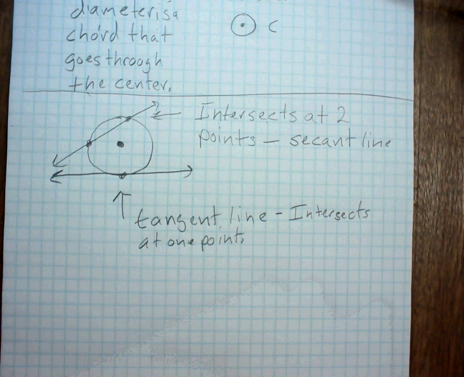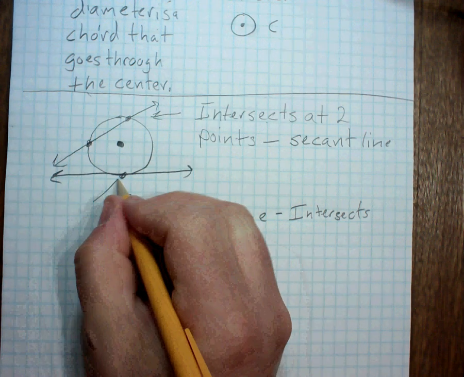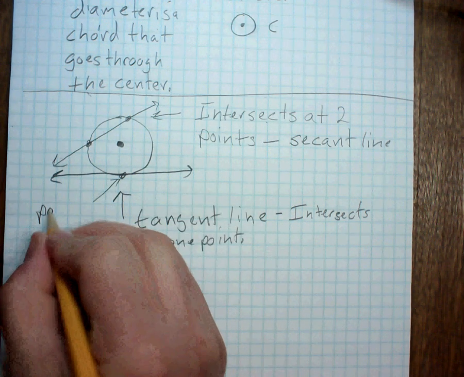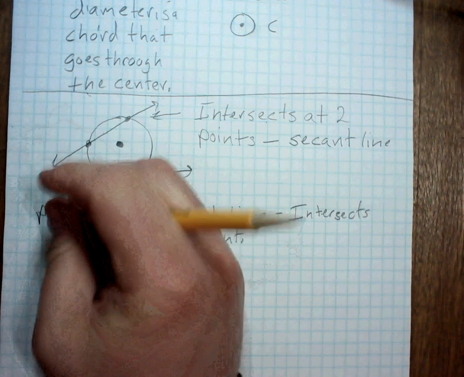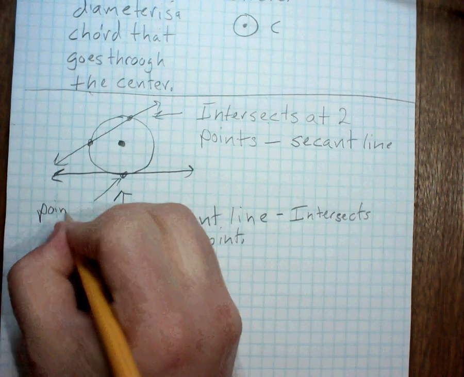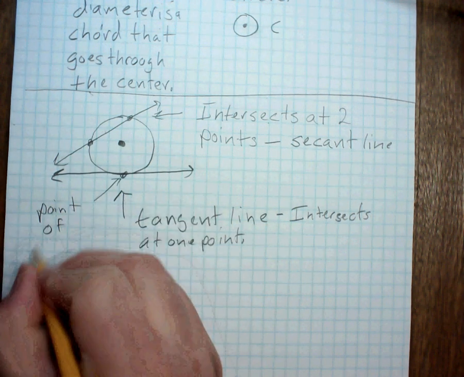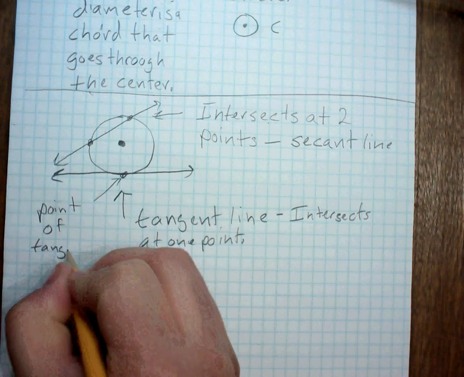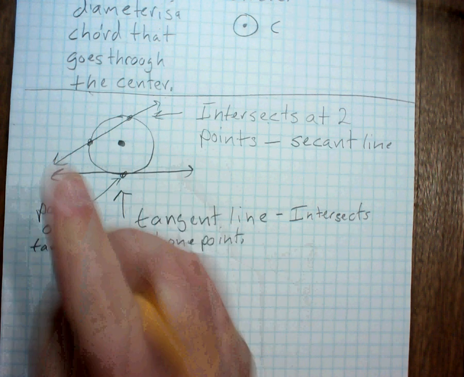And then this little point right here is what we call the point of tangency. Oops, I spelled it wrong.